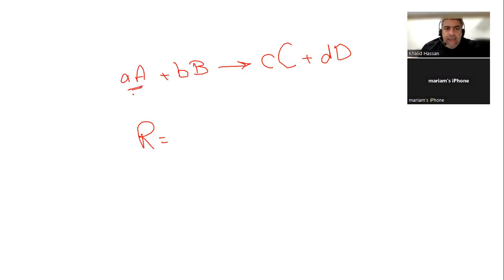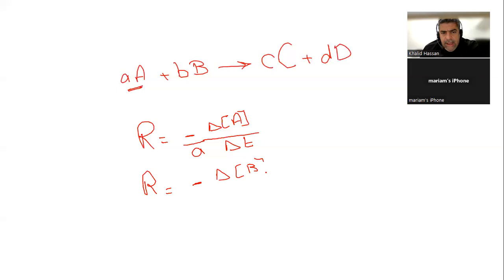I will start with A: minus delta A over delta T, and you have to divide by a, the number of moles. R equals minus delta B over delta T, divided by b.